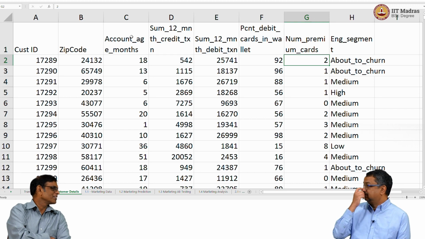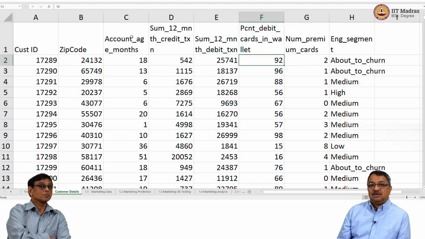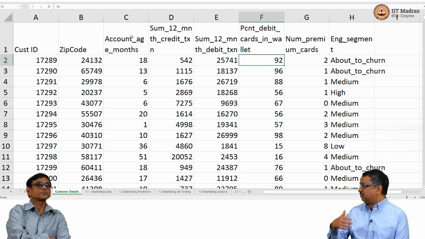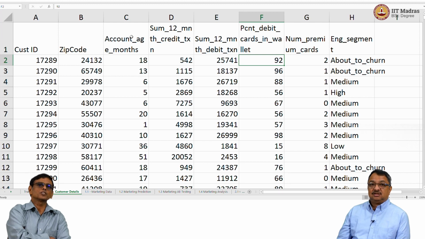Yes. And the way to see that is to see what percentage of the cards that the person has in his wallet are debit cards versus credit cards. You can store multiple cards in your payment wallet. This is a percentage: 92% of the cards.